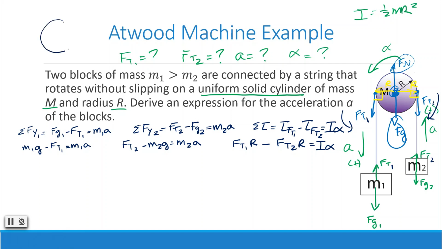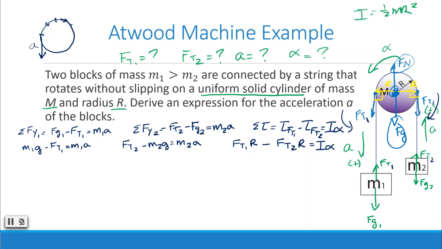When we look at the pulley, what we're going to assume is that the string has a linear acceleration of a, and that there is enough friction between the string and the pulley so that the point of the string that is touching the pulley and the pulley move together.